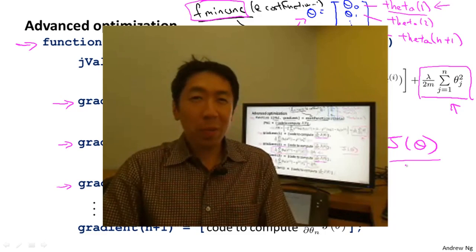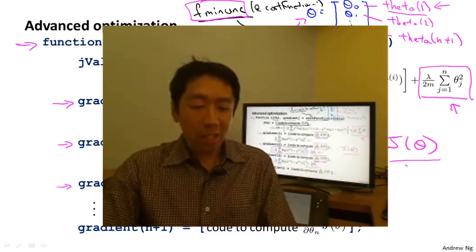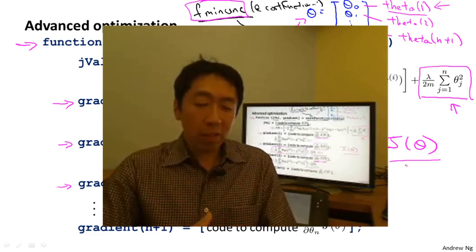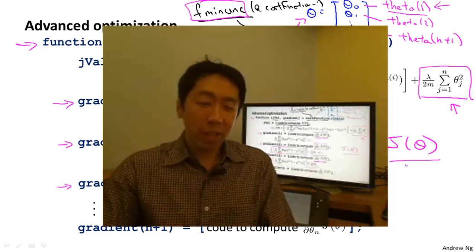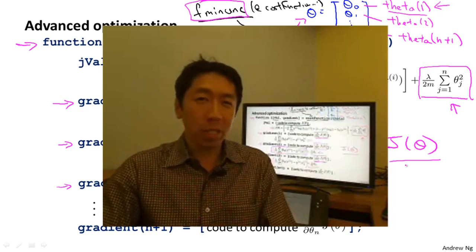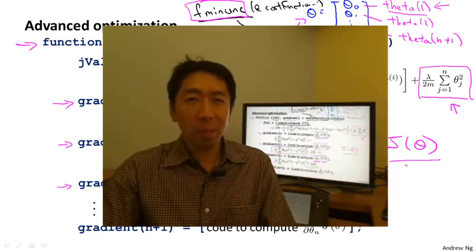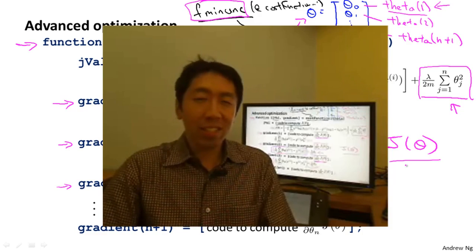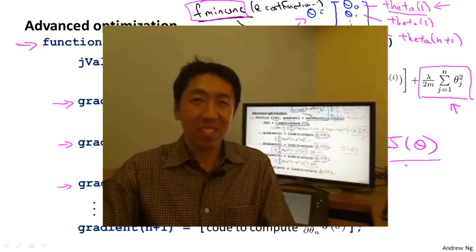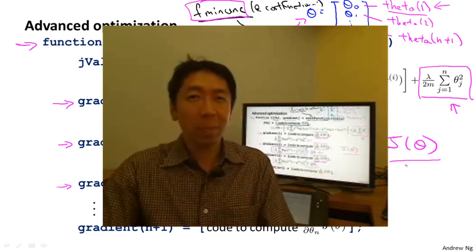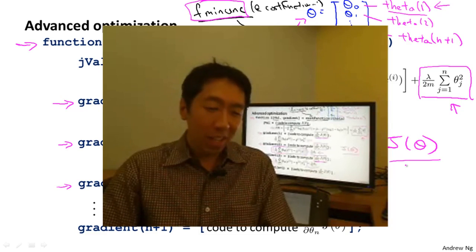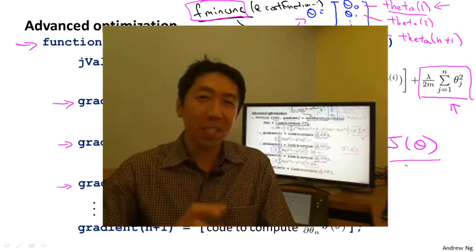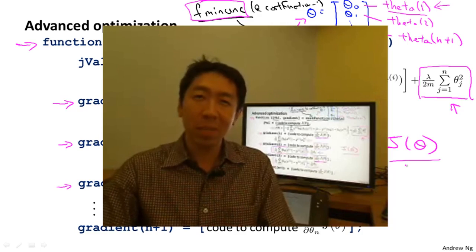I know we've only been studying this for a little while, but if you understand linear regression, logistic regression, the advanced optimization algorithms, and regularization, then by now you probably know quite a lot more machine learning than many, certainly not all, of the Silicon Valley engineers out there having very successful careers, making tons of money for their companies or building great products using machine learning algorithms. So congratulations, you've come a long way, and you know enough to apply this and get it to work for many problems.